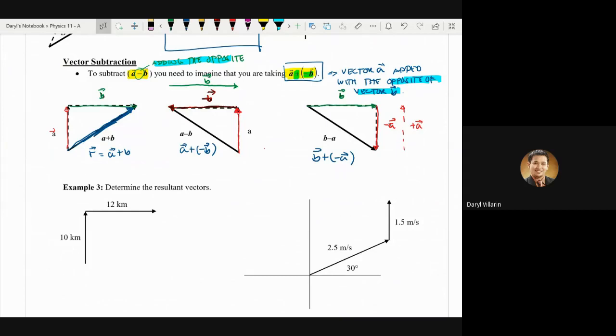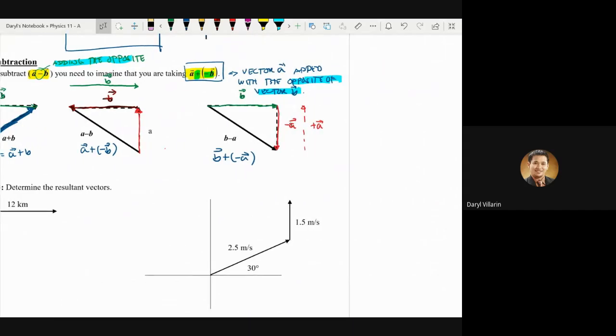So another example of an opposite vector is that if you have a certain vector d, for example, if this is my vector d, the negative of that vector is just a vector with the same magnitude but opposite in direction.